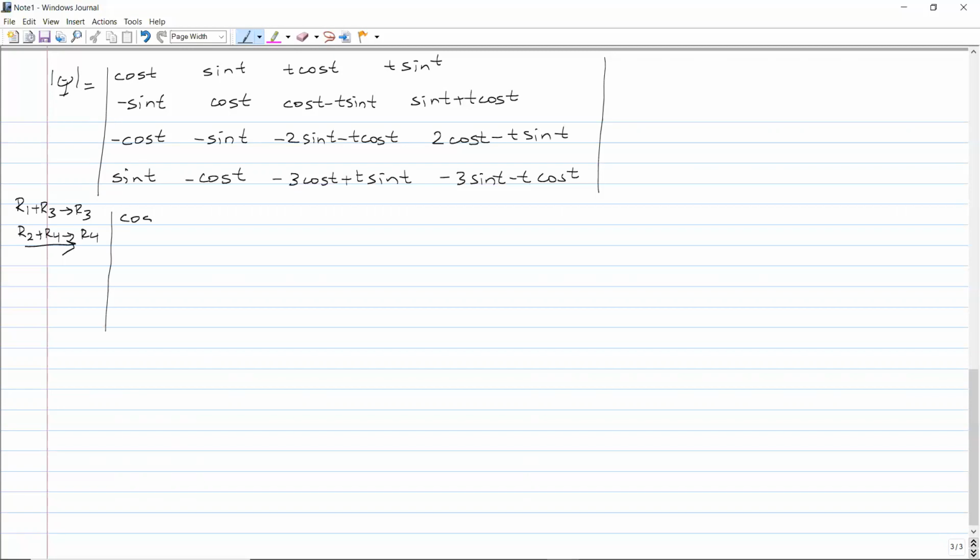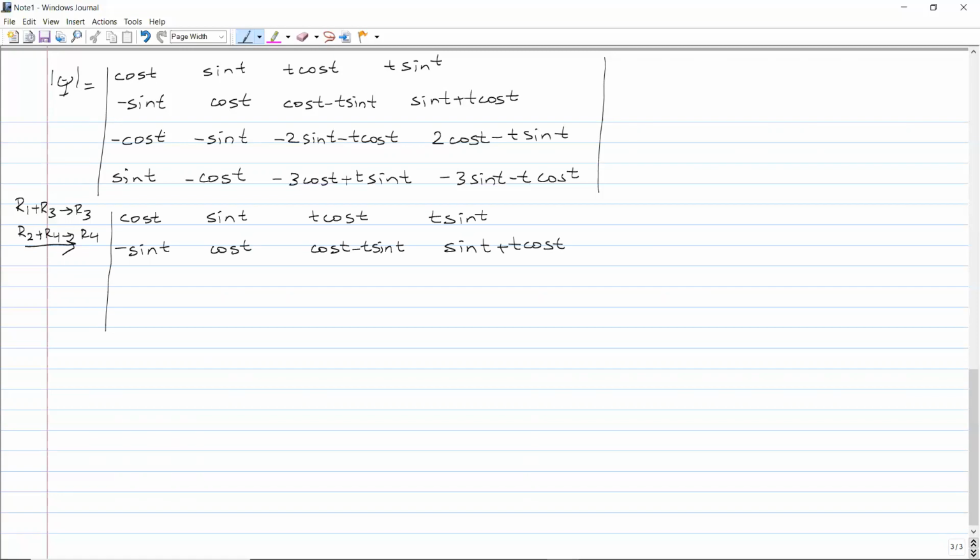So the first two rows stay the same. Now, for the third row, I add the first row to third row.